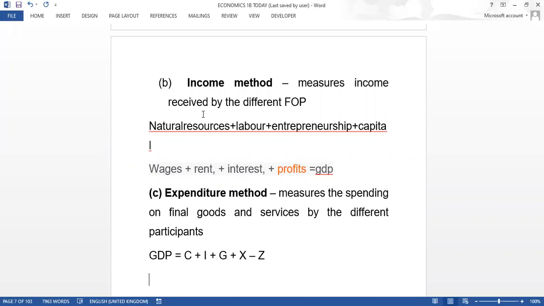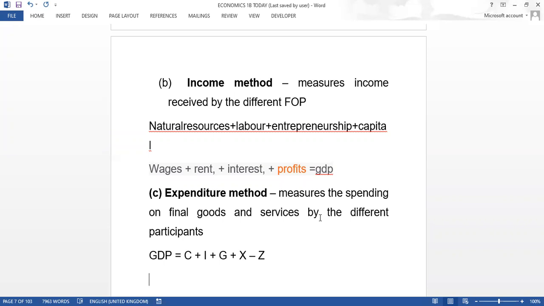All right. Then last but not least, we have the expenditure method. With the expenditure method, we look at how much the participants within the economy have been spending on various goods and services. We understand that whatever was produced is reflected within the goods and services market, and we assume that everything within that market is going to be bought by the households, the firms, the governments, and the foreign sector.